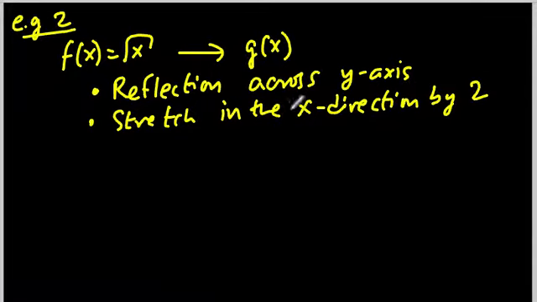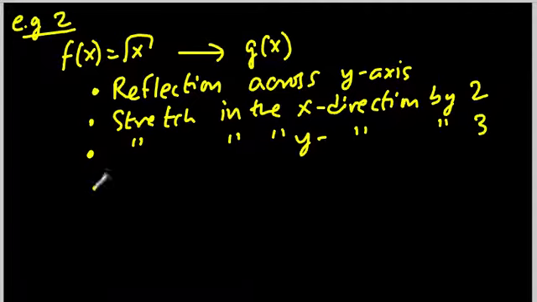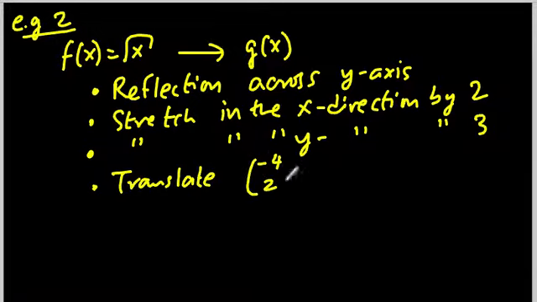And then you're told there's a stretch in the y direction by 3, and then you're told to translate it -4 and 2. So f goes through these transformations and ends up with g.